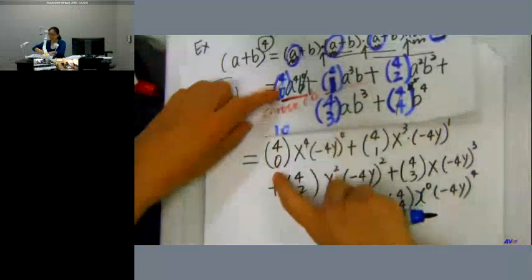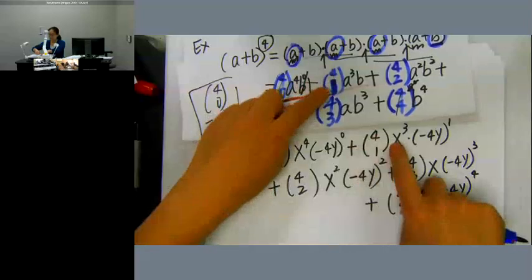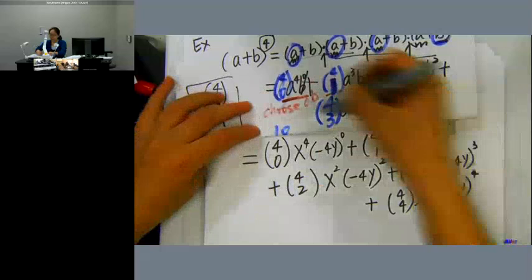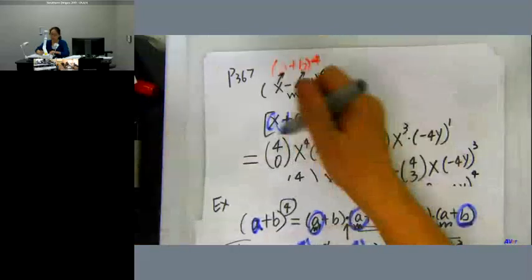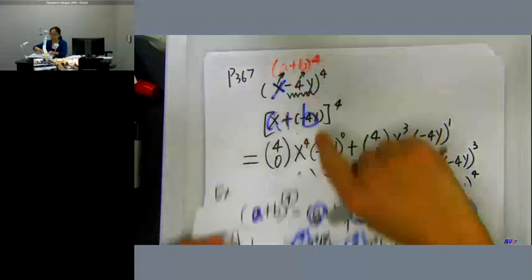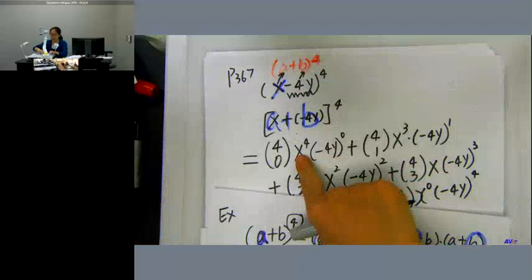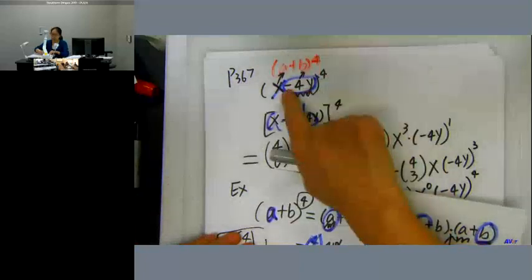4 choose 0, 4 choose 0. Something to the 4th, something to the 0, plus 4 choose 1, something to the 3rd, something to the 1st. The pattern is going to be the same, but we have a here, and in our example, it's not a, it's x. So every time you see a, you're going to use x to replace it. And every time you see a b, it's this whole thing, negative 4y.